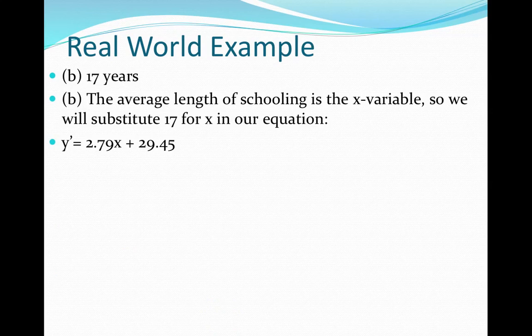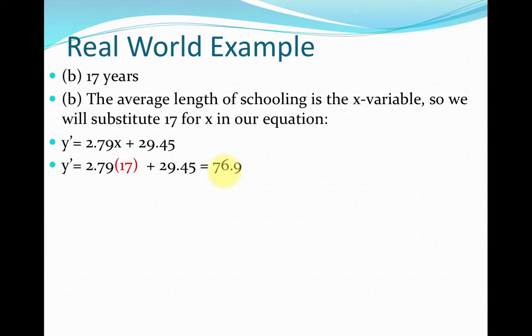Okay, so plugging in 17, here's what the math looks like on paper. You're going to just let x be 17, so plug it in here, and it's multiplication. 2.79 times 17 plus 29.45, and when rounded to the nearest tenth, 76.9.